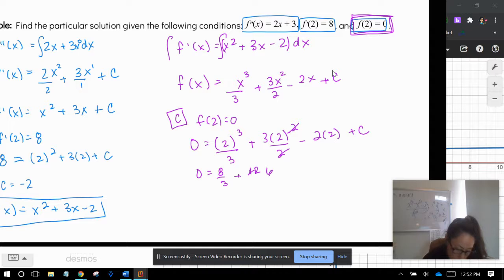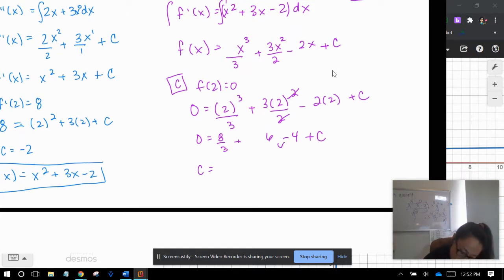Let's see, 6 minus 4 plus c. So I get c is equal to, this gives me 2.